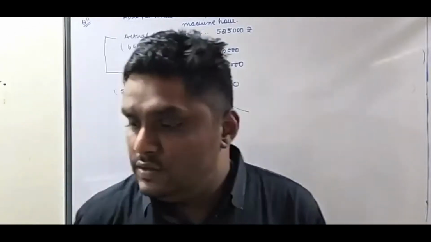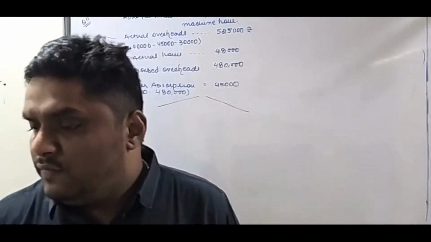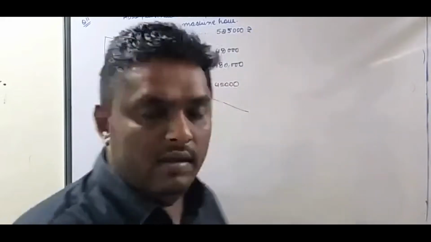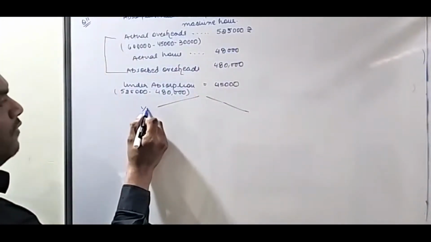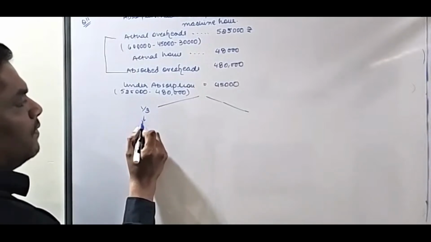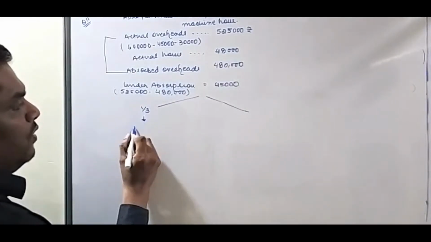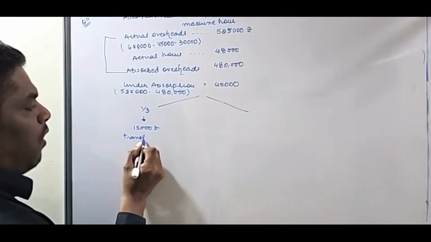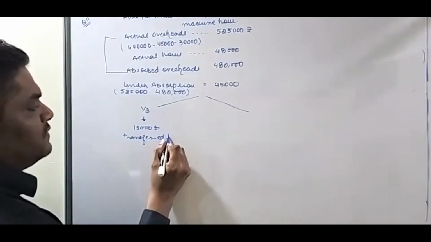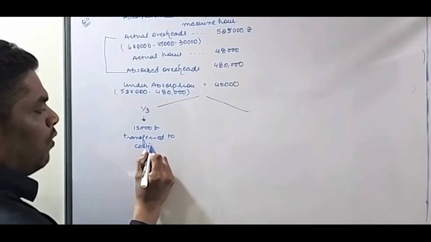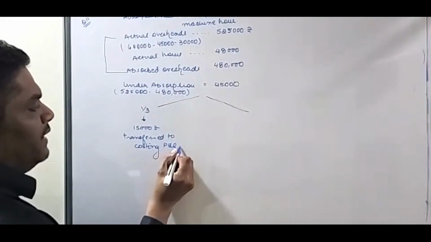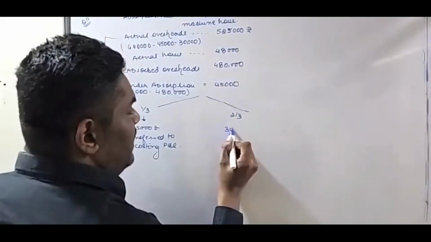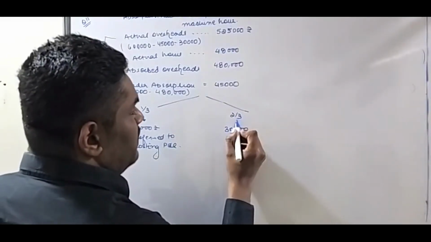Of this 45,000, it is given that 1/3 of the under absorption was due to lack of production planning. So 1/3, that is 15,000 rupees, is transferred to costing P&L. Now for the remaining 2/3, that is 30,000, we have to calculate the supplementary rate.